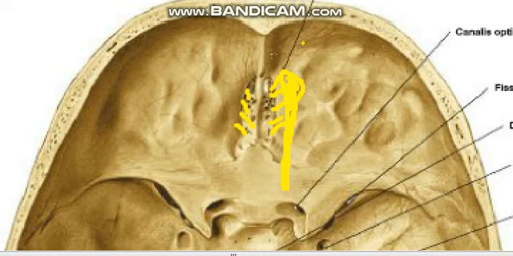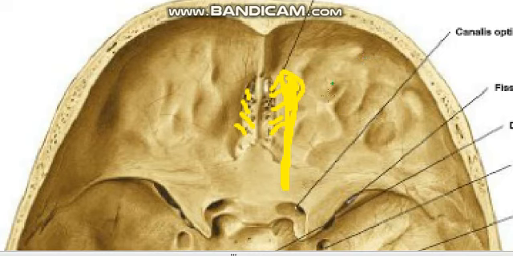Not only that, you can make out that a part of the brain was lodged here on the superior surface of the orbital plate of the frontal bone. You can make out these impressions of the gyri.